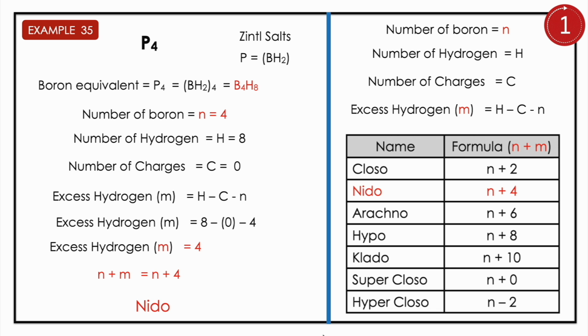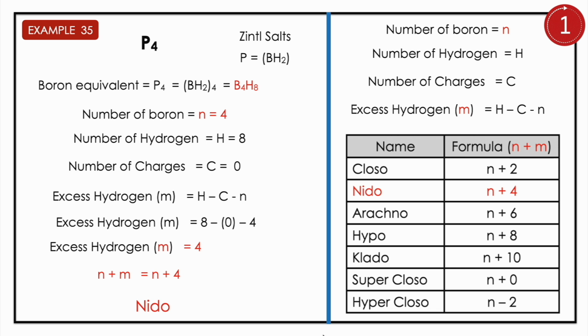The compound becomes a simple borane. So we can find the excess of hydrogen easily. The first step will be counting the boron. There are 4 borons, so N equals 4. Hydrogens are 8, so H equals 8. Charge is 0, so C equals 0.